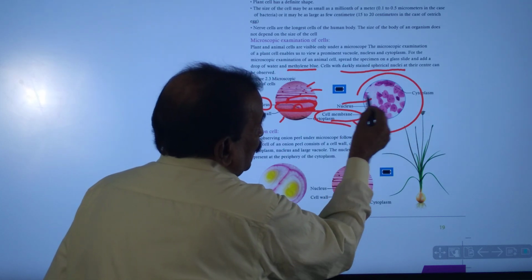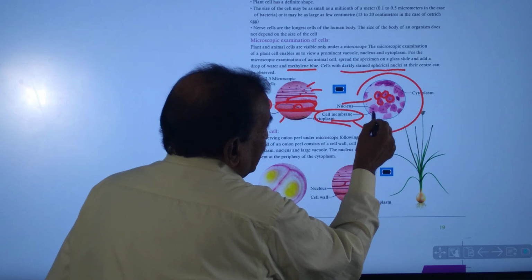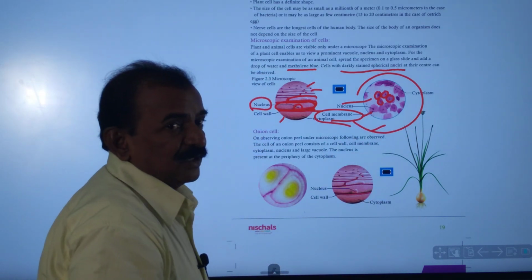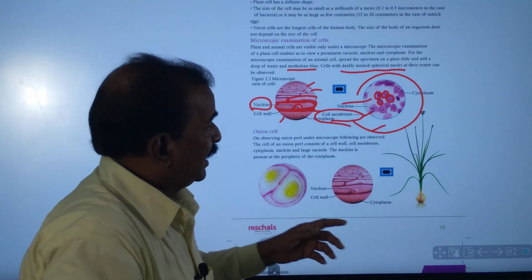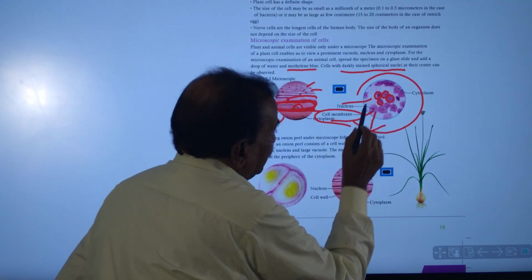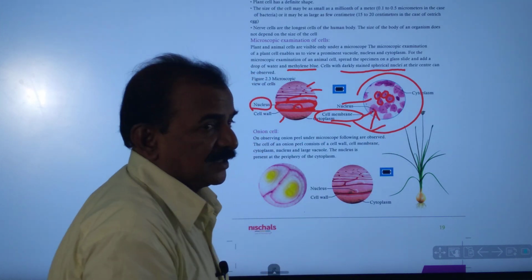So this is called cytoplasm, and these are the different types of what? Cells. And here you see this is the nucleus. So we are observing the nucleus in a cheek cell, the cell membrane or plasma membrane, and the cytoplasm.